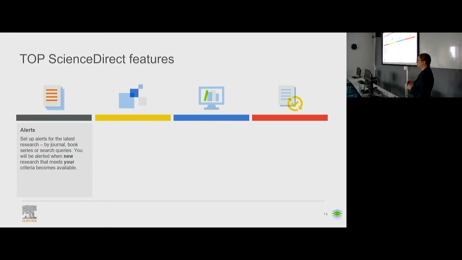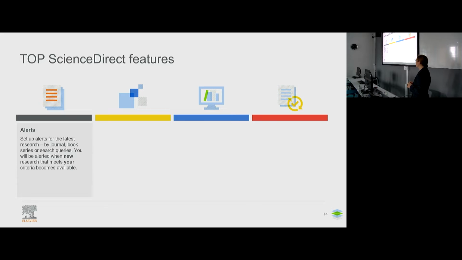With alerts, you can, for example, tell ScienceDirect, this is my favorite journal, and I want to be informed every time they launch a new issue or a new article is published. You will get this by email, so you don't need to go back to the ScienceDirect platform each week to check if there is something new. You will be notified via email about a new journal, a new book, or something new.